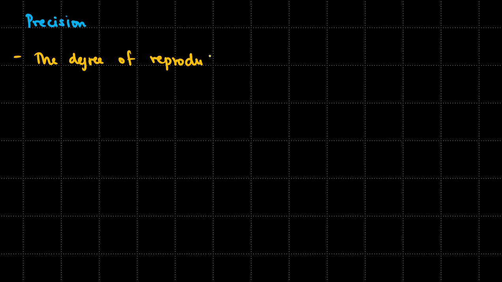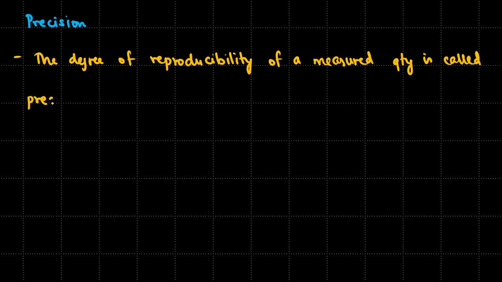The degree of reproducibility of a measured quantity is called precision. It deals with reproducibility: how easy it is to reproduce and how close you get when it reproduces.